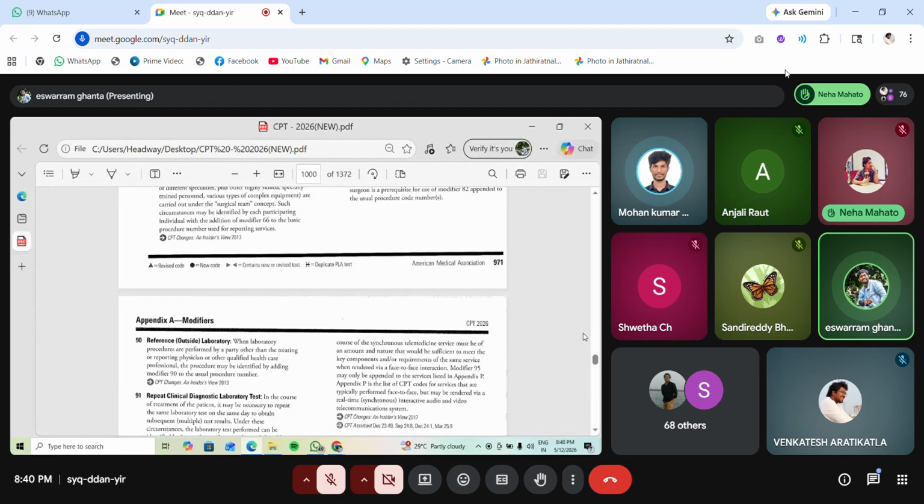Can you explain with any more examples? For which, 73 or 74? Both. Okay. Suppose a patient went to the hospital for a cardiac surgery, heart related surgery.